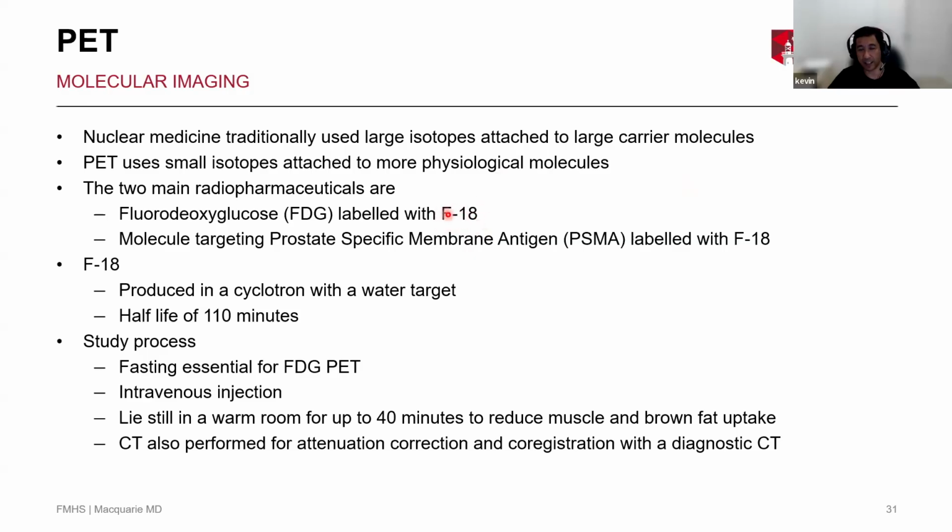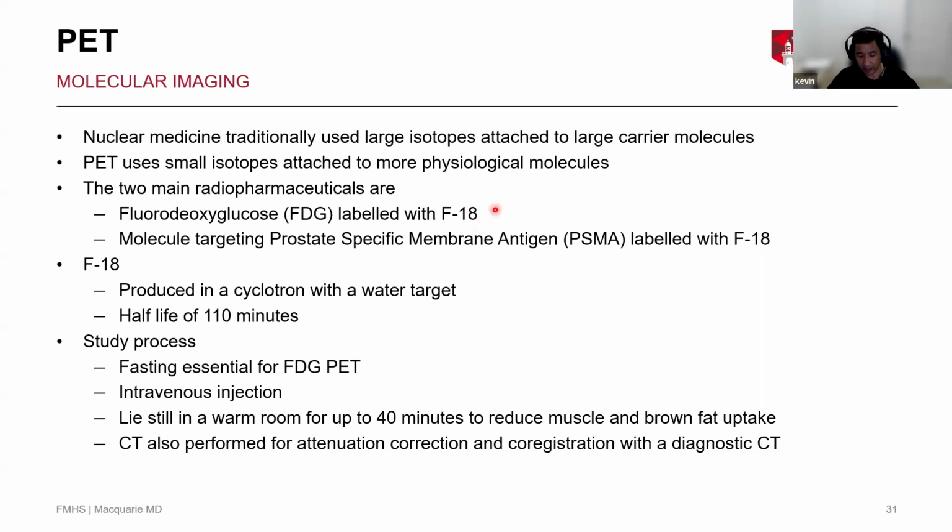It's fluoride. Now the problem is this has to be produced fairly quickly and used very quickly, because the way these PET isotopes are made is in what's called a cyclotron.